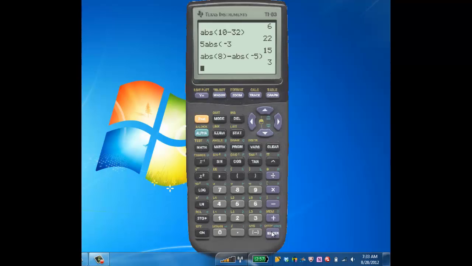Okay. If you'd like to recall that, I'm going to hit second, enter, and I can go ahead and change this to a negative 9. So now I have the absolute value of 8 minus the absolute value of negative 9. And I have negative 1. So you're going to use the absolute value function here in the calculator, this feature we've got under math, number, and you're going to try the next 2 problems.